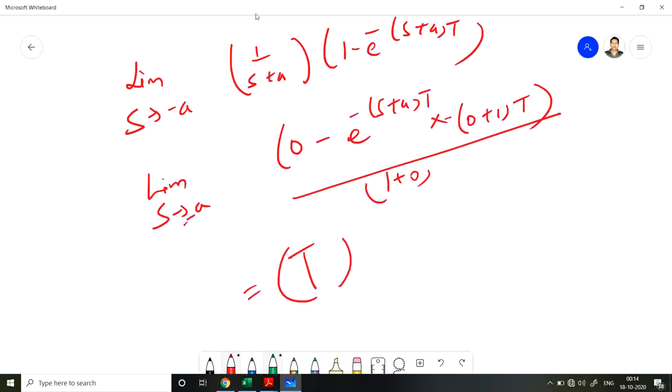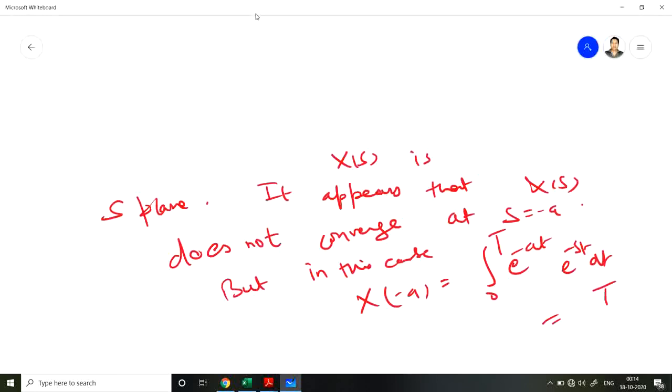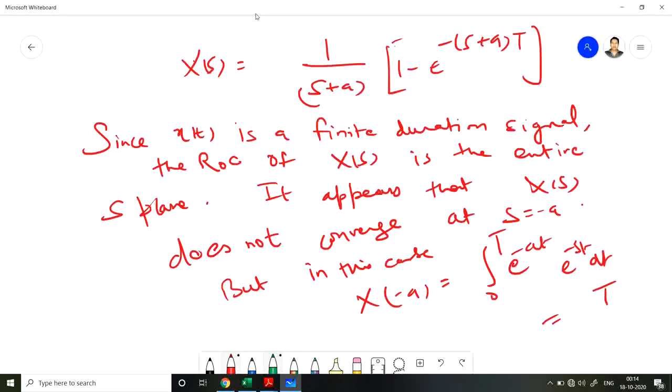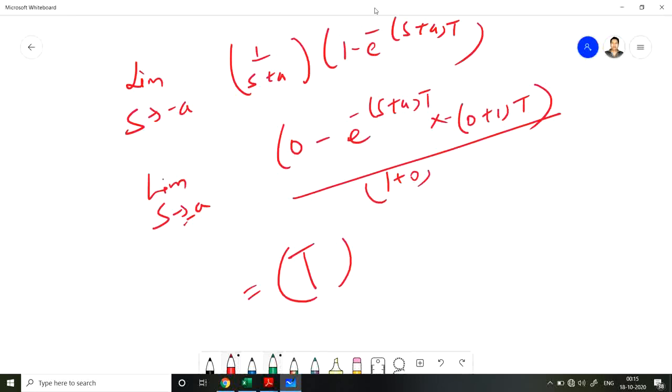The same result. It appears that this is undefined due to this term if we put s equals minus a in the expression. But when we use L'Hospital's rule with the limit, we find that it gives a finite value, that is capital T.